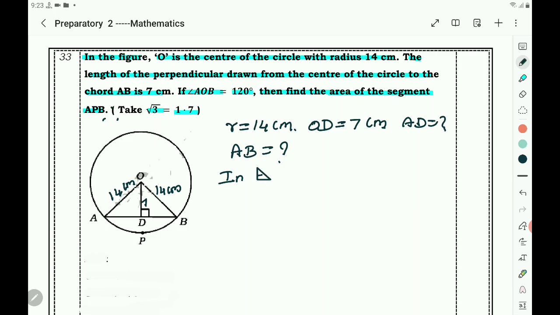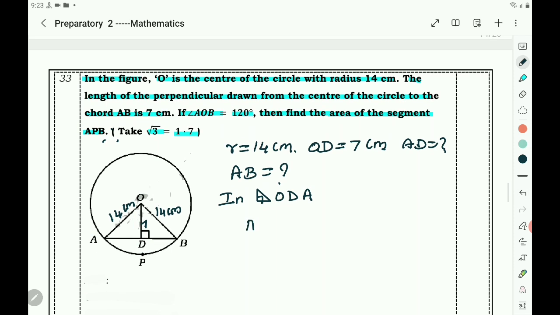In the right angle triangle ODA, here OA is the hypotenuse and AD and OD are the other two sides. Here we have to find out AD. Then you write AD square plus OD square equals OA square.